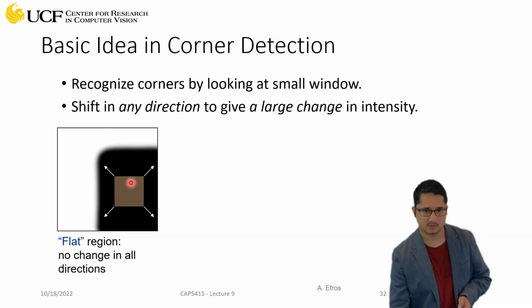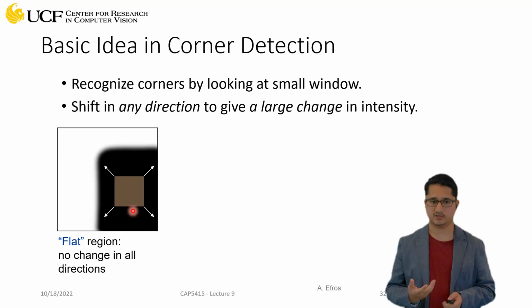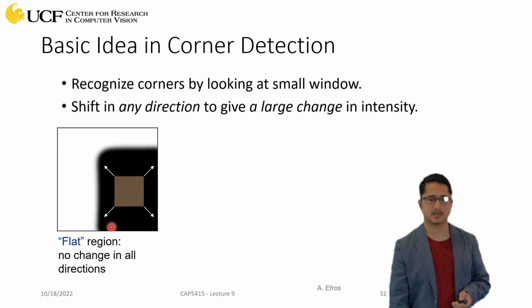Okay, so the average intensity at this location is 0. Now, if you slightly move this towards left, towards right, or top or bottom, in any direction, that intensity will still remain 0 because the pixel value is not changing, which means that your surface is kind of flat and there's no change in any direction, and it's not a corner.